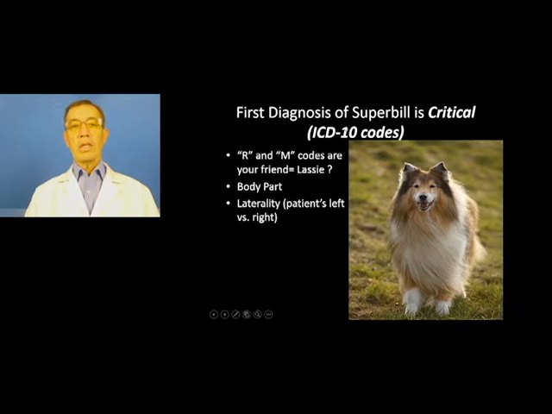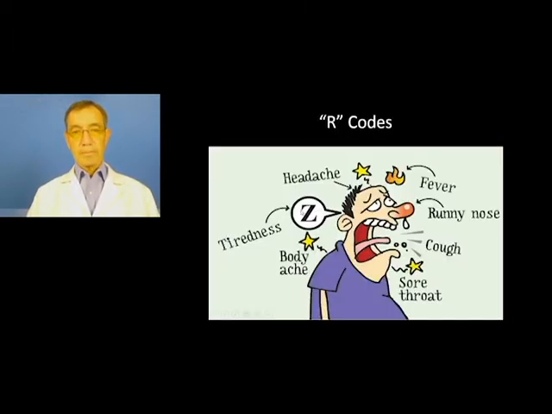So we're using ICD-10 codes, and there's different types of them. I really like the R and the M codes. I think of them as my friend, just like Lassie was my friend back when I was a child on TV. And then you also want to look at the body part, and you have to make sure you get the left and the right of the patient correct. So R codes are symptom codes.